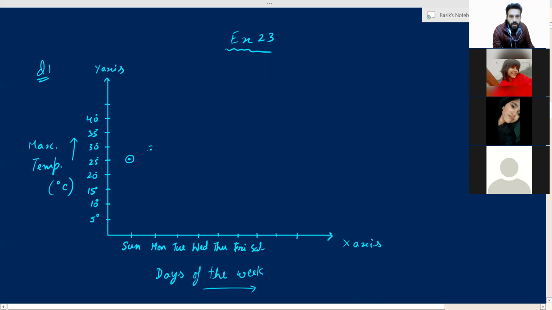How will you find 28? Sir, by the small divisions. Yes, using the small divisions. Which line in the small divisions? Sir, by the help of the horizontal line.